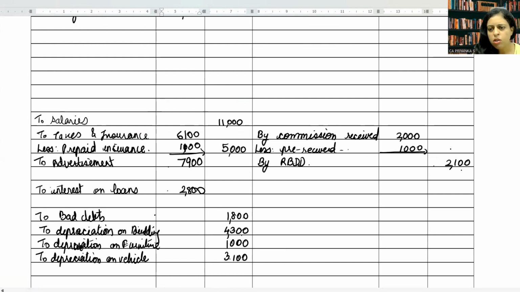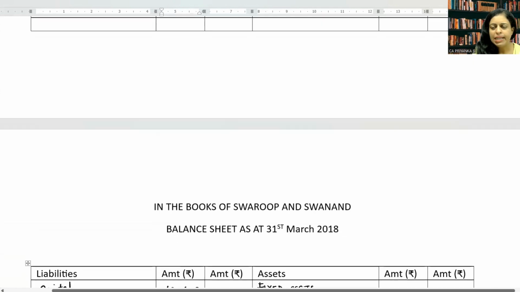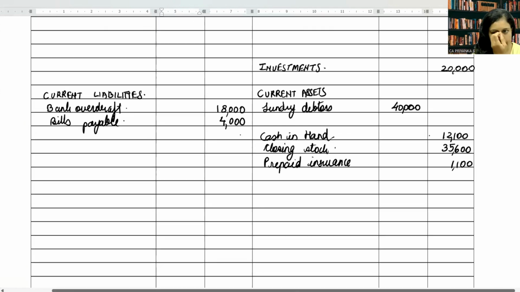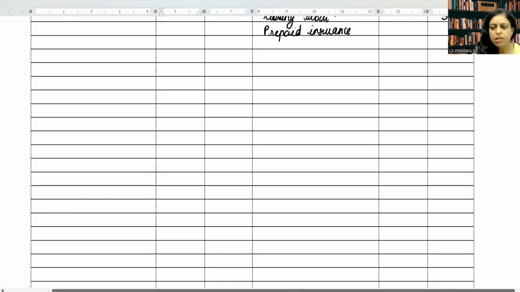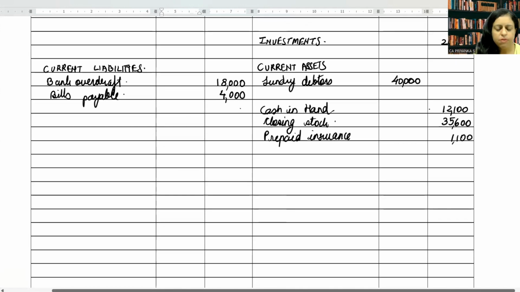Outer column 1,000, and this 1,000 which is pre-received is going to be your liability. So I'm writing on the liabilities side, current liabilities, pre-received commission, and the amount is 1,000.